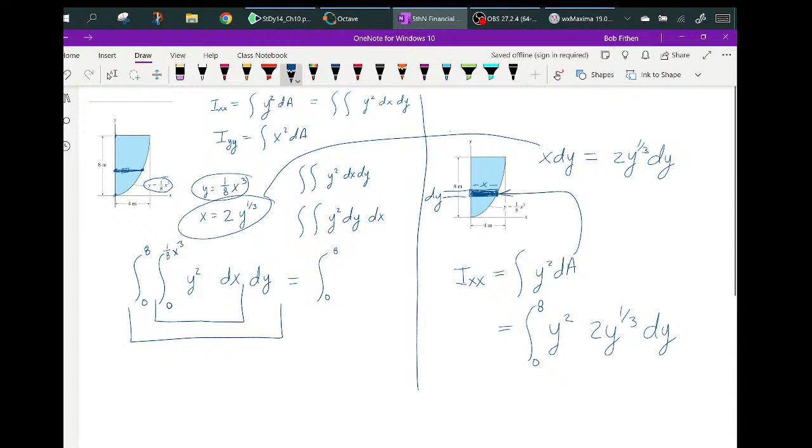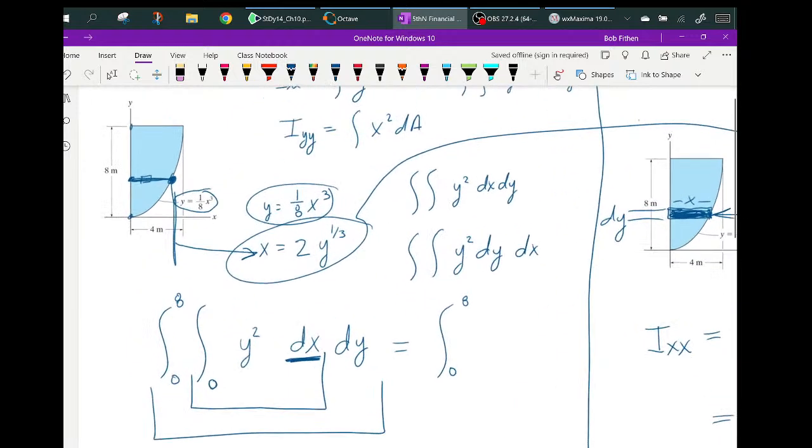Now, if we come back over here, I've kind of goofed up here because I got this x, and the x value here is actually that. It is not, this is a y value. So let me see if I can explain that correctly.